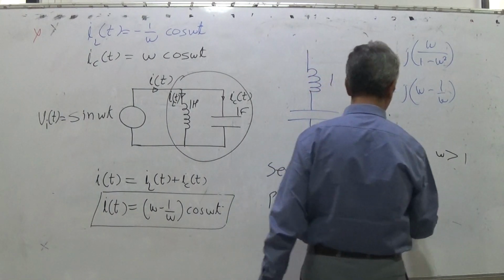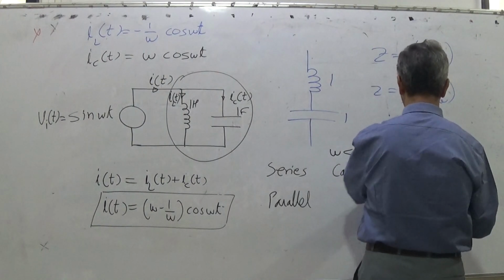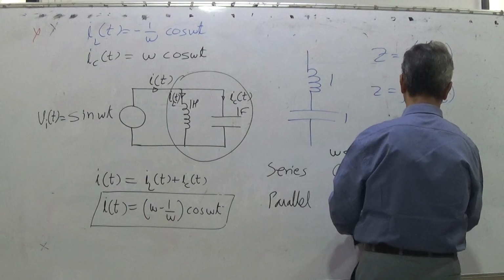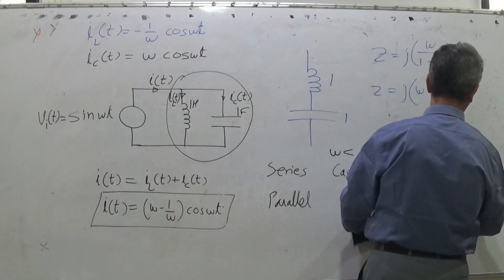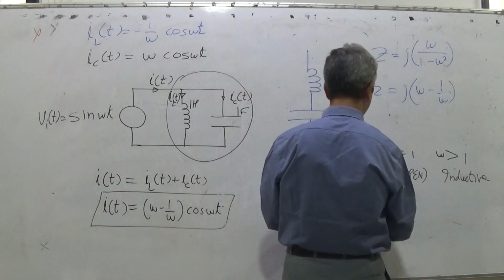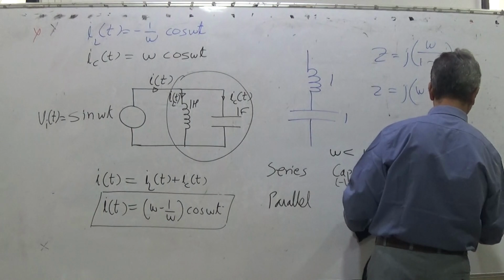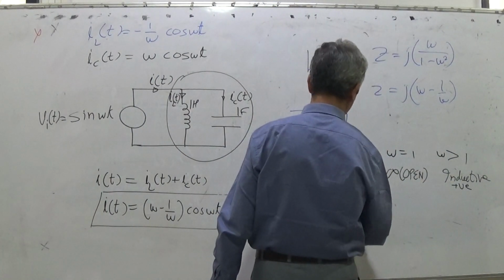For omega equal to 1, impedance is 0, short circuit. For omega more than 1, it is inductive. Impedance is negative, zero, positive. For the parallel circuit, it is exactly reverse. Impedance is inductive.